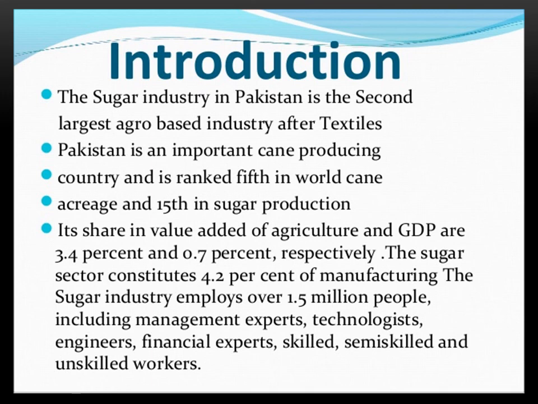Its share in value added of agriculture and GDP, the gross domestic product, are 3.4% and 0.7% respectively. The sugar sector constitutes about 4.2% of manufacturing. The sugar industry employs over 1.5 million people, including management experts, technologists, engineers, financial experts, skilled, semi-skilled, and unskilled workers.